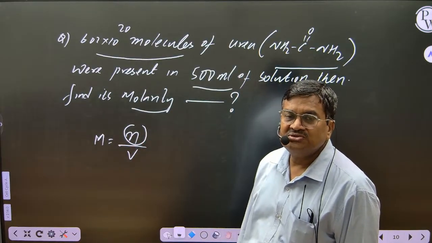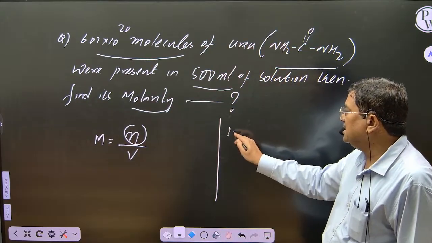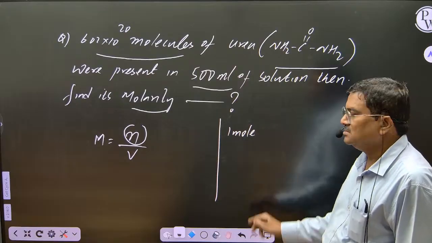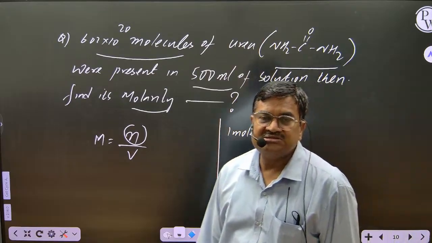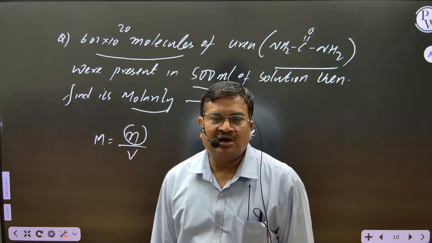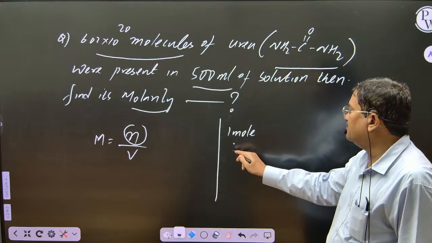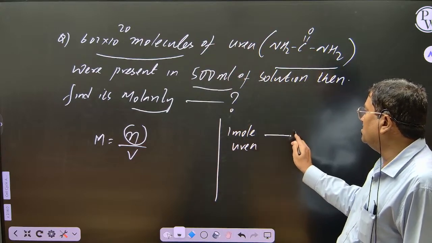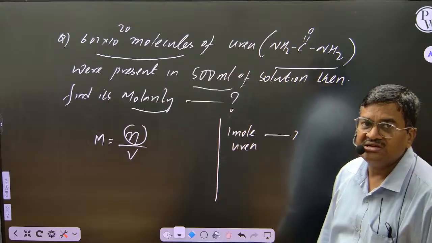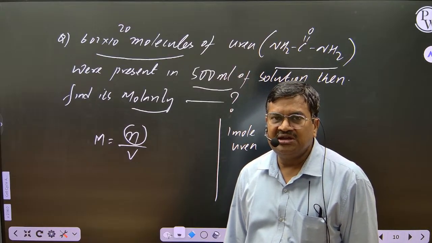In 11th class you know the mole concept. 1 mole of any substance contains how many particles? In the 11th class, some basic concepts, you have an idea, no? 1 mole of any substance you take, it will have how many molecules? Avogadro. Suppose I am taking 1 mole of urea. In 1 mole of urea, how many molecules will be there? 6.023 into 10 power 23 molecules will be there. Do you agree?